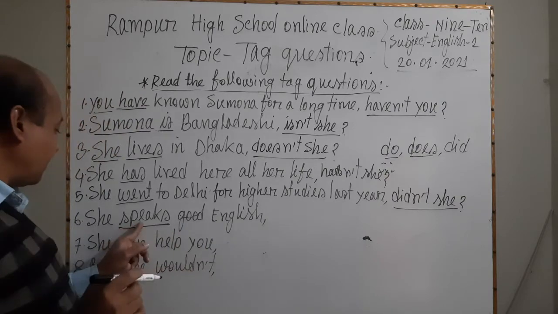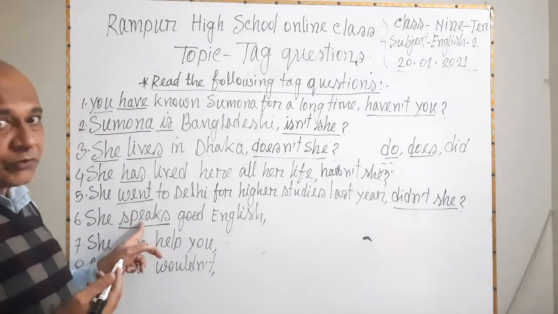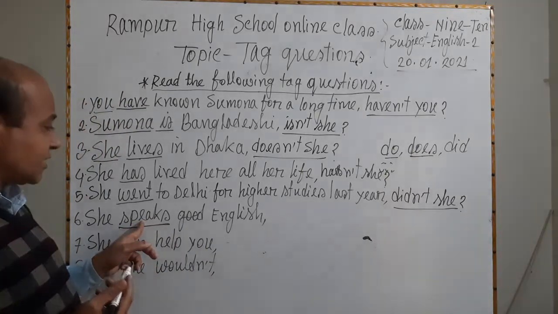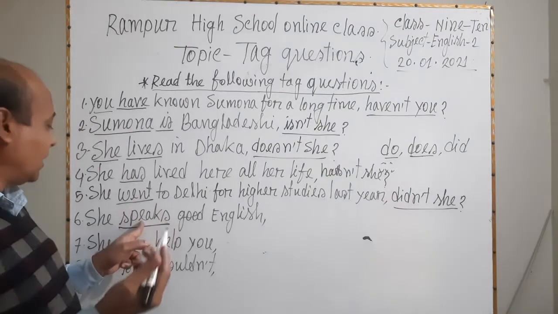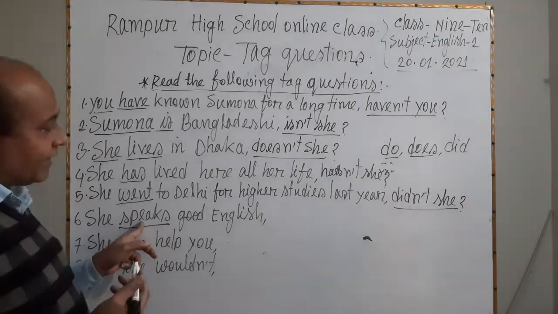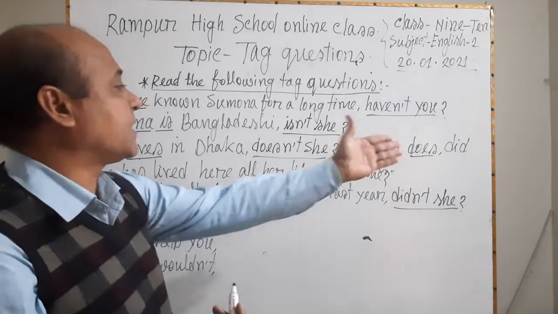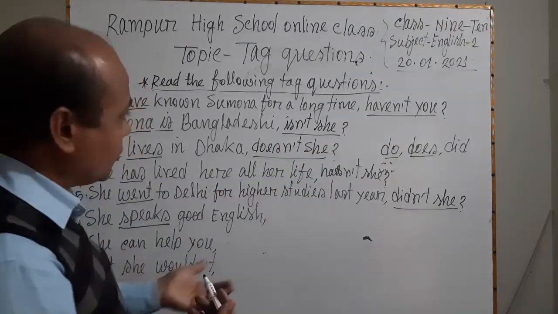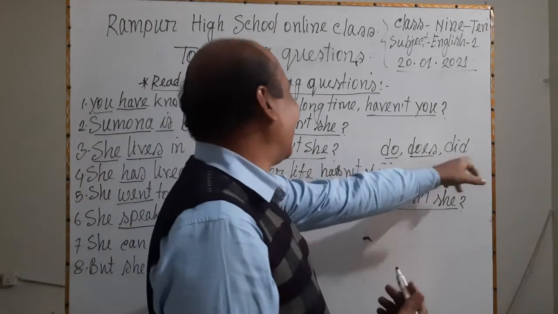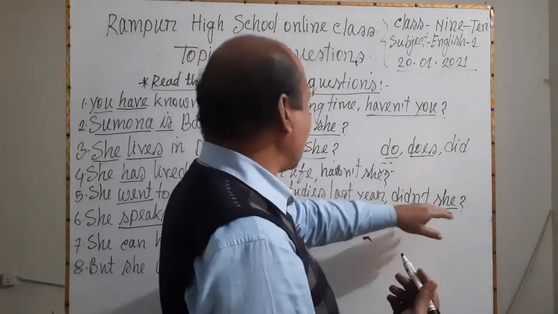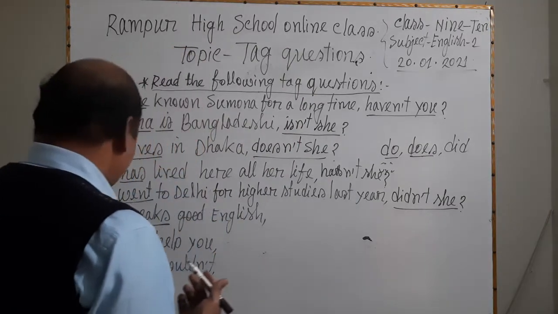If the principal verb is present form, we must use do or does, and if the principal verb is first form, we will use did as the auxiliary verb in the tag question.